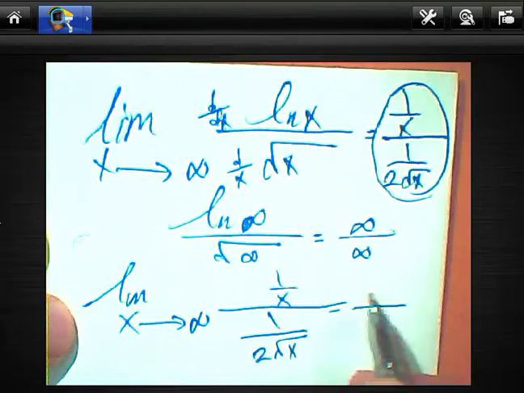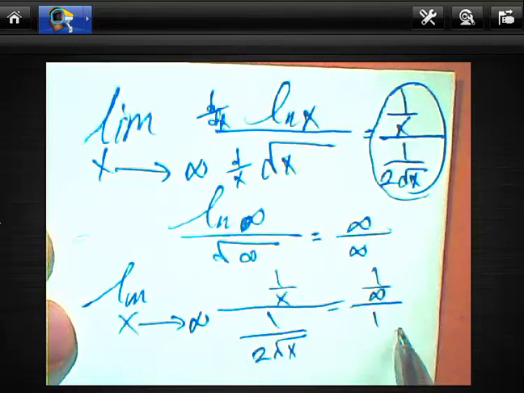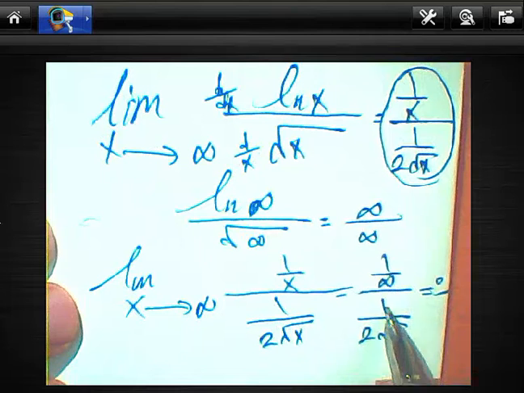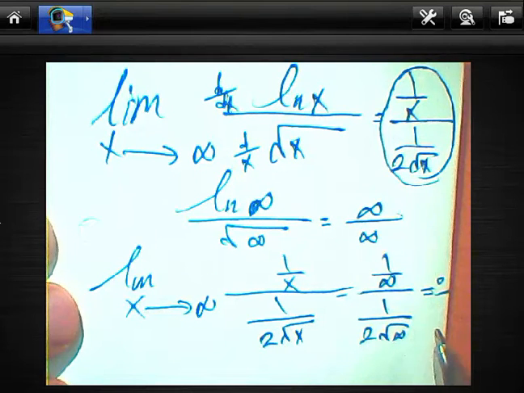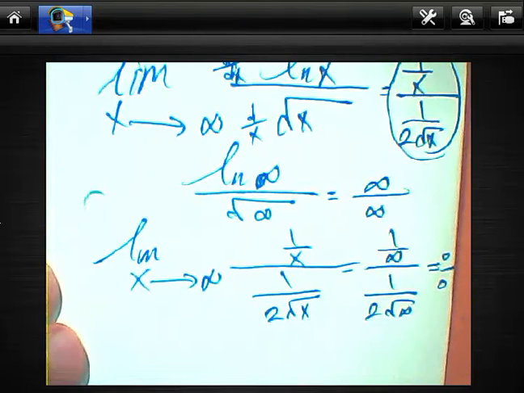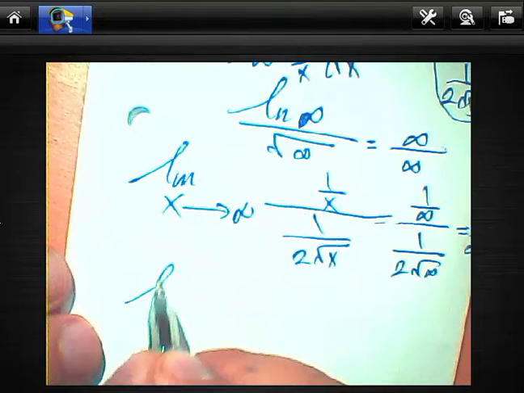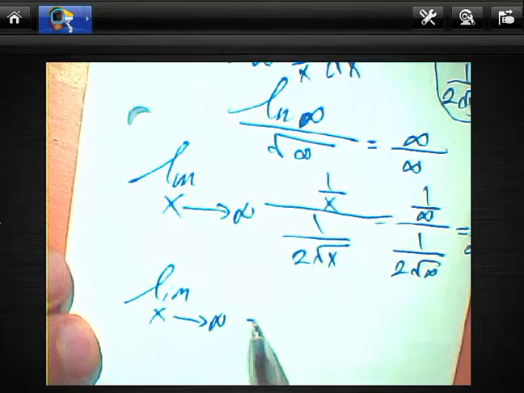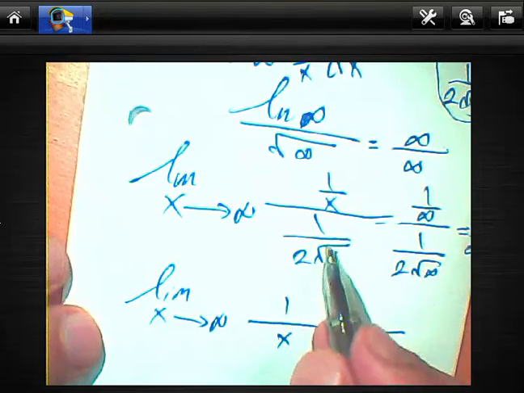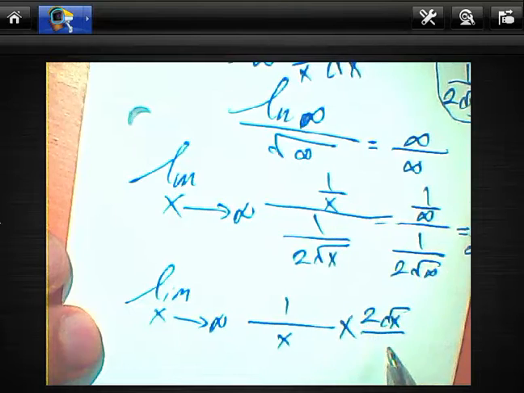We can put 1 over infinity and 1 over 2 multiplied by root of infinity. 1 over infinity equals 0 and 1 over infinity equals 0, so the result will be 0 in the numerator and 0 in the denominator, undefined, so we must simplify it. We can write the limit as x approaches infinity of 1 over x multiplied by the inverse of this fraction, 2 root of x over 1.